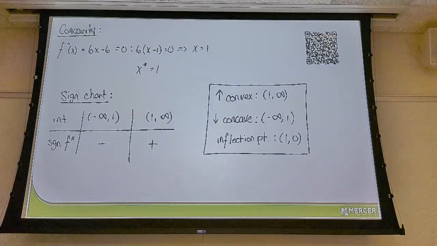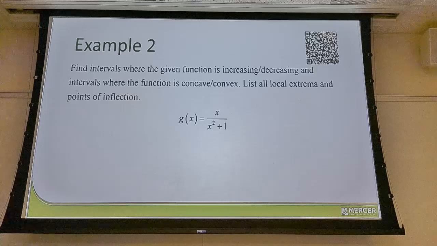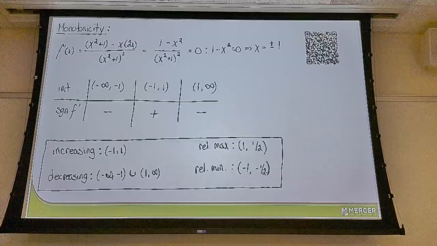Now for concavity. Oh boy. Why am I using f? Should be using g. But that's such a pretty f. I want to erase it. What's f double prime?